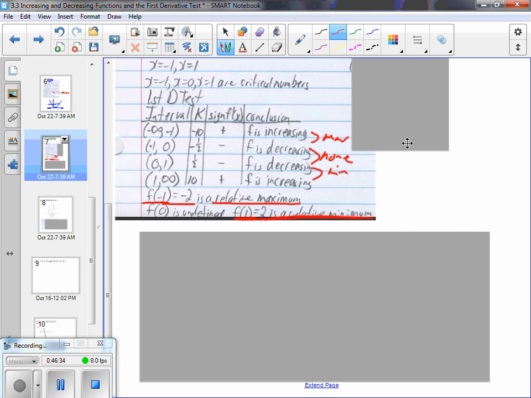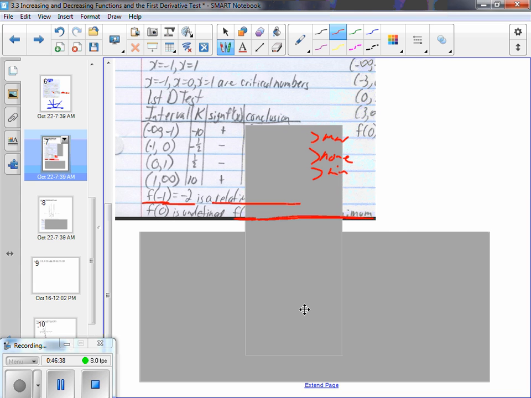All right. Now, here's something. The AP people, they don't like our conclusion column. They don't like it. And I used to really be frustrated at them for it, and I finally see their point of view. They want you to say as your justification that you have a maximum at negative 1, that the derivative changes from positive to negative.